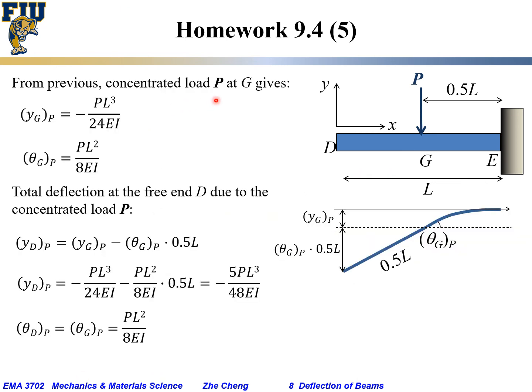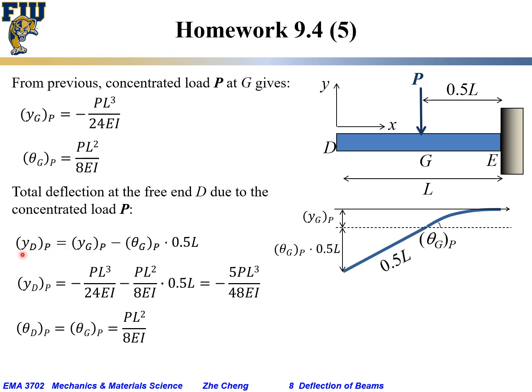So from the previous slide, for the concentrated load, the deflection at the G point is given by this one, and the slope at the G point is given by this one. For the total deflection at D, because you are going to bend it here, but the DG section has no net force, it is going to remain straight, with infinite radius of curvature.